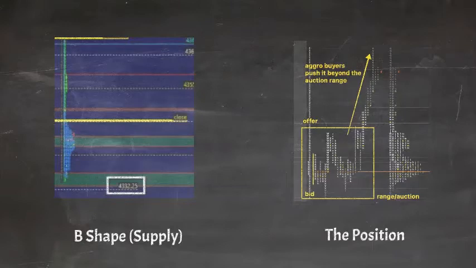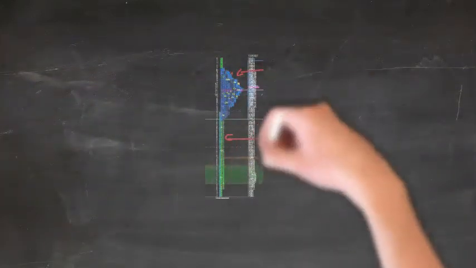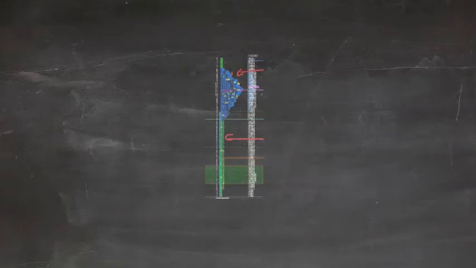So usually in the B shape, we see this position to take it higher being built, and the people who shorted the market on the way down, the smart ones at least, that's where they're covering. The dumb ones continue adding to the short position, and then we get to the next profile, which is known as the P shape. The P shape is usually when they're taking their inventory higher to sell it at a higher price.